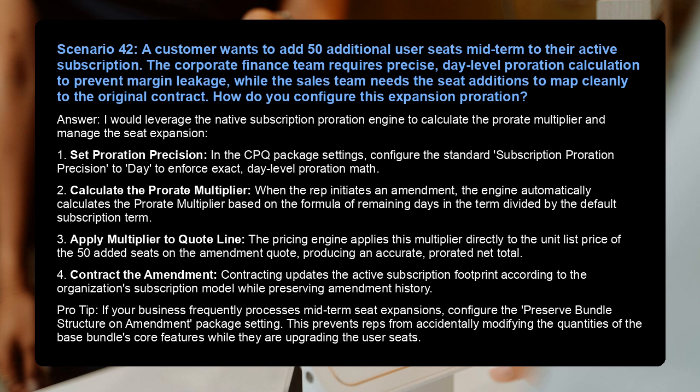When the rep initiates an amendment, the engine automatically calculates the prorate multiplier based on the formula of remaining days in the term divided by the default subscription term. 3. Apply multiplier to quote line. The pricing engine applies this multiplier directly to the unit list price of the 50 added seats on the amendment quote, producing an accurate prorated net total. 4. Contract the amendment. Contracting updates the active subscription footprint according to the organization's subscription model while preserving amendment history.